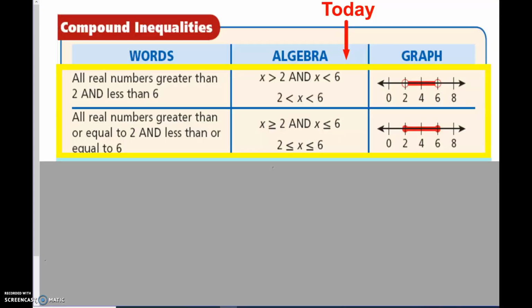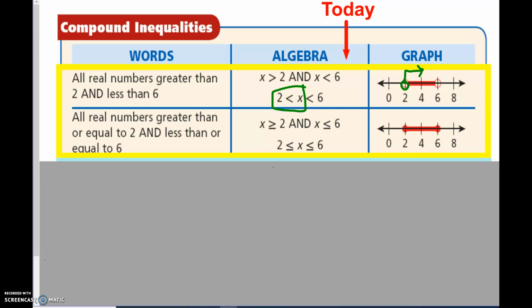All right, so when we graph these, let's just read this part right here. Reading it from the X, any number greater than 2. So we have an open circle here at 2, and we shade anything greater than.